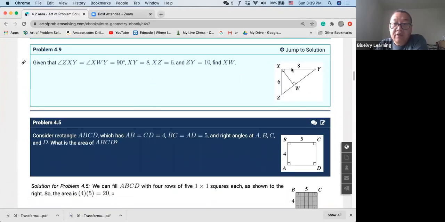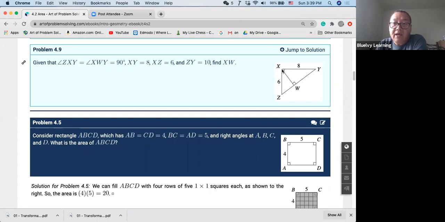Given this right triangle XYZ, angle X is 90 degrees. Then say angle ZXY equals angle XWY. That means this angle is also 90 degrees.